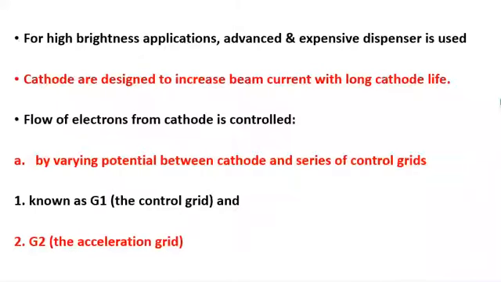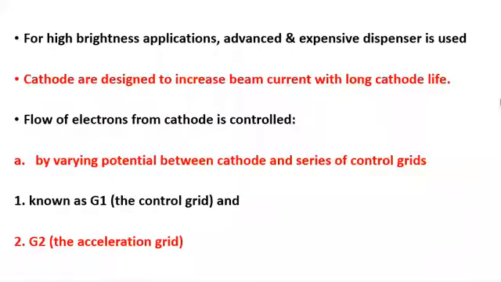Now, if you want a high brightness application, then you have to use more advanced and more expensive dispensers. That is the ones that can give you more discharge of electrons at very low voltage, and even low temperature. And the cathodes are designed in such a way that we increase the beam current with long cathode life.